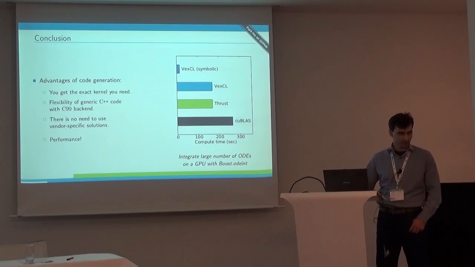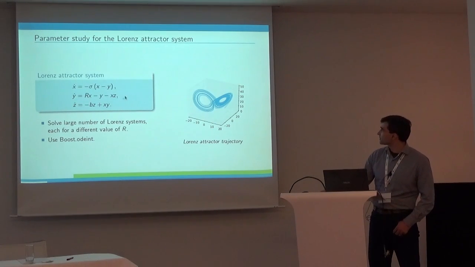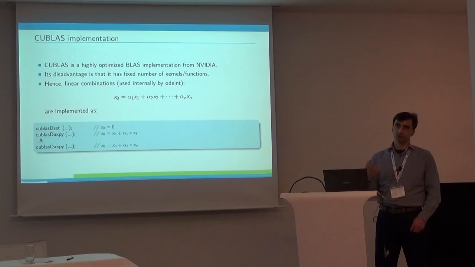Do we have enough time? Yes. So we solved this system, the Lorenz attractor system, for a large number of parameter R, for example. And we use Boost odeint. And the problem with cuBLAS is that it only provides you these functions that take a couple of vectors and return a vector to you.